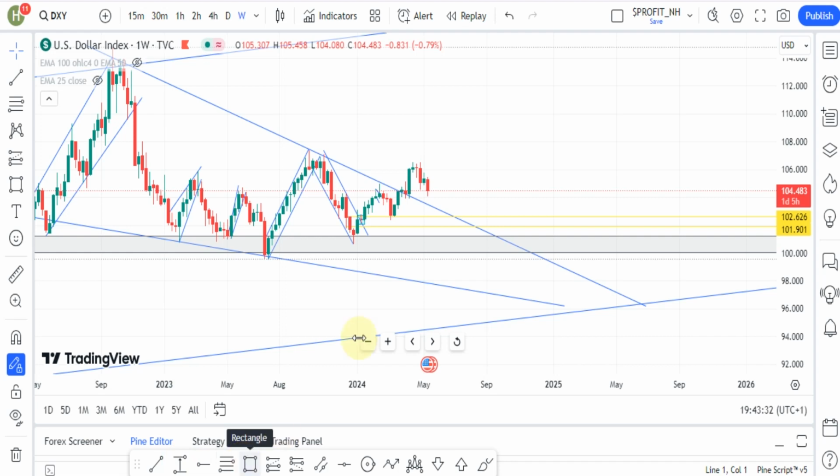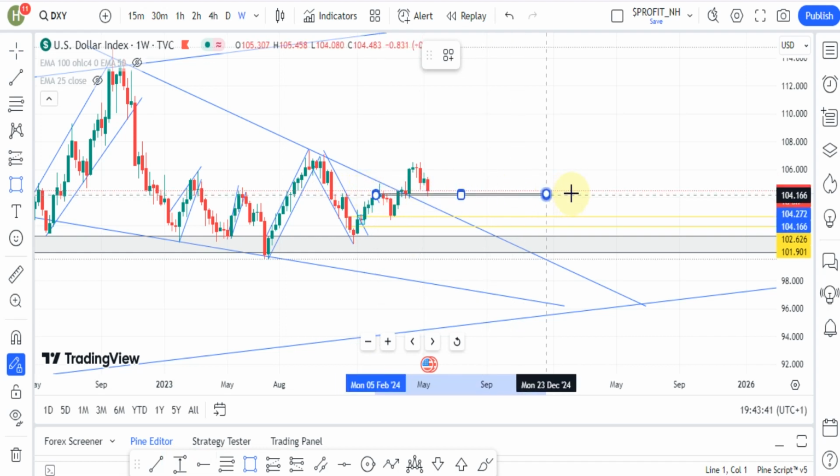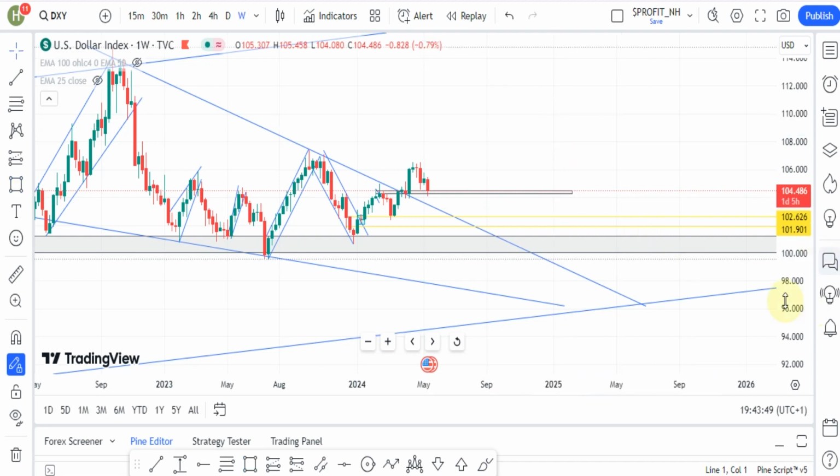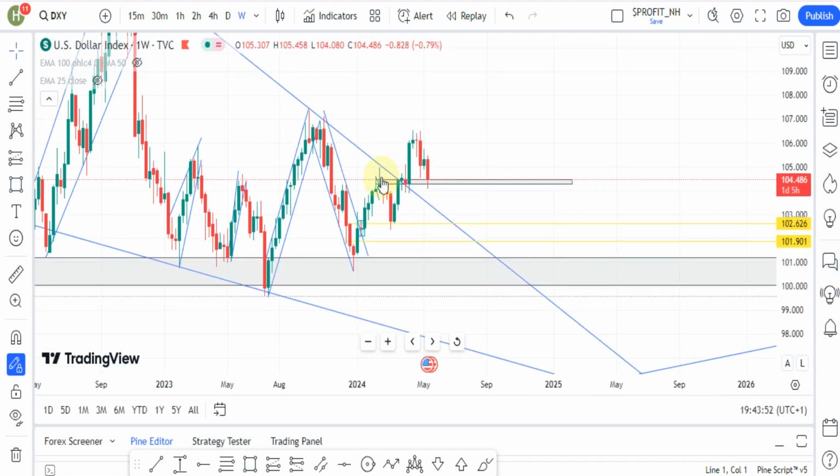Let me draw it. This market has already taken out this higher high that we had at this point, and as you can already see, it has broken above this higher high with this bullish engulfing candlestick.